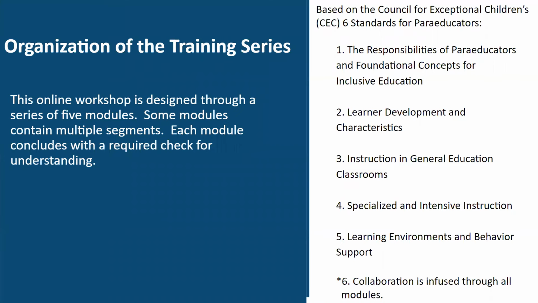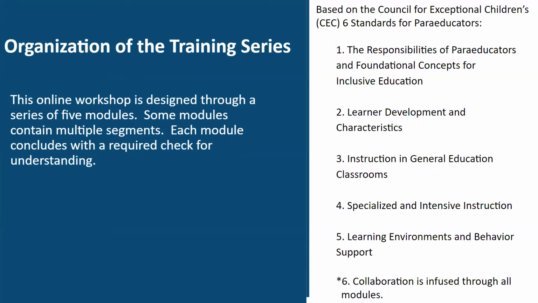This online workshop is designed through a series of 5 modules. The modules are presented by a team of 4 facilitators. The content of the modules is organized in alignment with the Council for Exceptional Children's 6 standards for paraeducators.